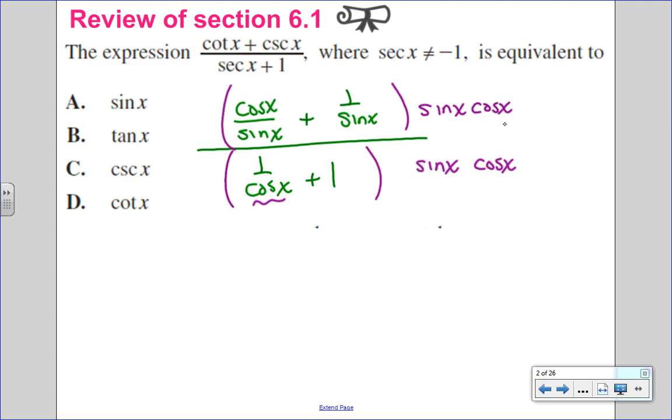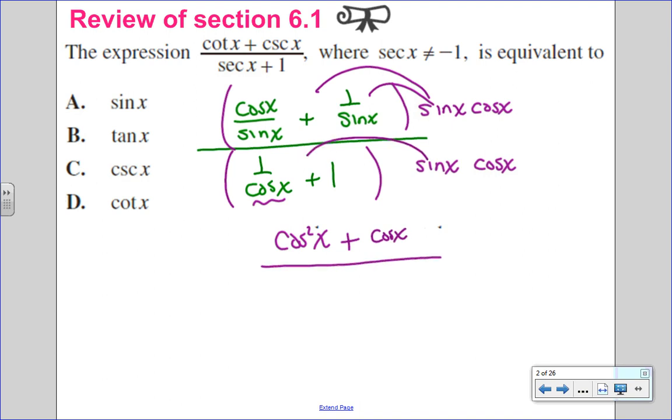Whenever you have a fraction over a fraction, just multiply top and bottom by those fraction denominators. Applying this in, because I have to do the distributive property, the sine x's cancel and you're left with cos times cos, which is cos squared. Plus, distributing this in, the sines cancel, you're left with 1 plus 1 times cos, which is cos.